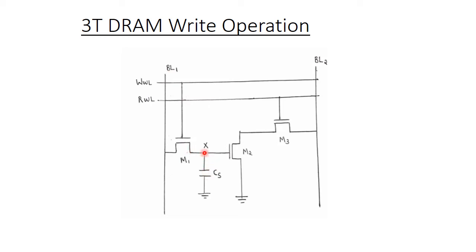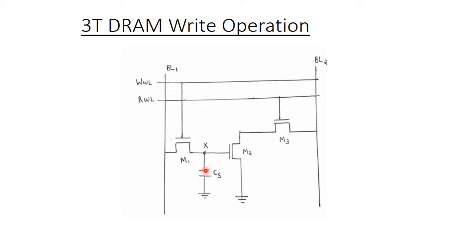This point X is now connected to BL1, so the capacitor CS will start to charge to which value? VDD. It tries to charge to the maximum value VDD which is available at this BL1, but there exists a small voltage drop across this on transistor which is represented as VTN, the threshold voltage for this transistor to get turned on. So the remaining voltage, that is VDD minus VTN, is the voltage to which this capacitor will get charged.